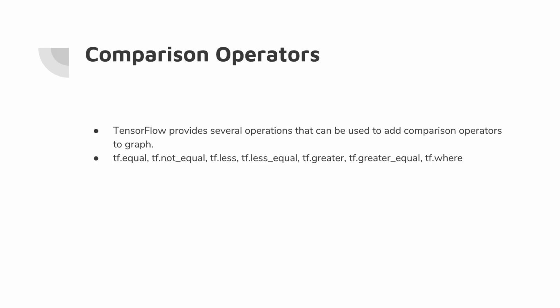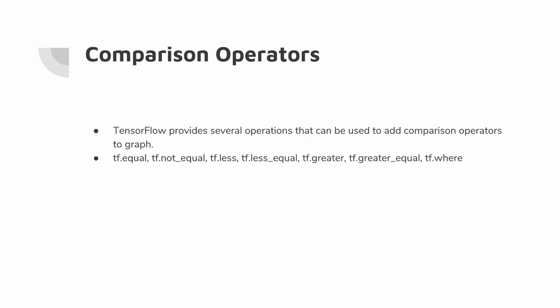Next, let's go on to comparison operators. TensorFlow provides several operations that can be used to add comparison operators to the graph. For example, tf.equal, tf.not_equal, tf.less, less_equal, greater, greater_equal, tf.where, and so on. Let's take the example of tf.equal. In this operator, you give two tensors as parameters, and the result is a tensor which has Boolean values.